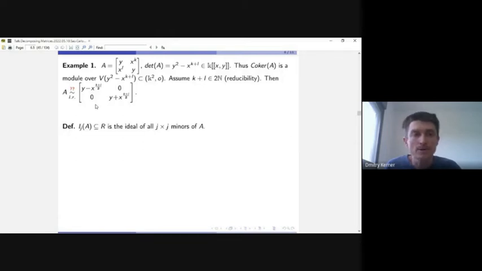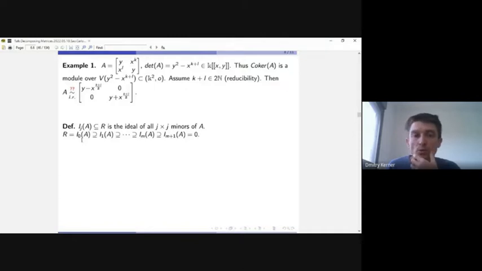Well, so probably this is the time to introduce or recall the determinantal ideals. We already used the determinantal ideal of maximal minors, and here is the general one. I_j(A) is the ideal of all the j by j minors. And then j runs from 0 to m, and we get all the possible determinantal ideals.